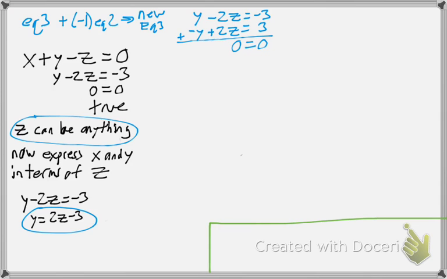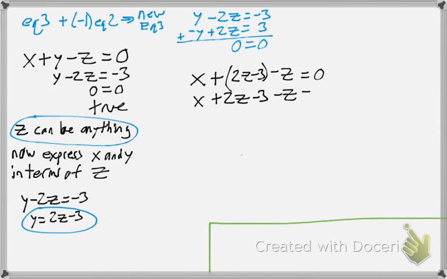And then lastly, I want to plug both of these into the very top equation. So I have x plus, instead of y, it's 2z minus 3, minus z is equal to 0. So this will be x plus 2z minus 3 minus z is equal to 0.